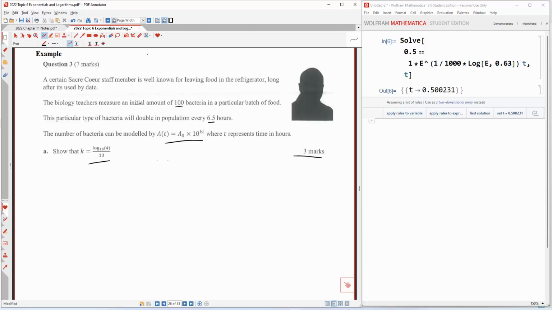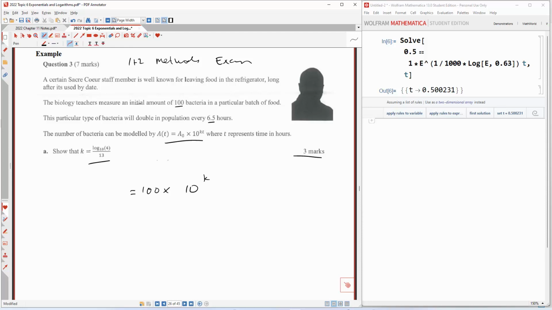And I wrote this question, it came off the 1-2 methods exam. I think it was the end of year exam. All right. So where to start? Well, we've got the initial amount is 100. So A naught is 100. So we'll go 100 times 10 to the. Now the K value is what we want to find out. T is time at 6.5 hours.